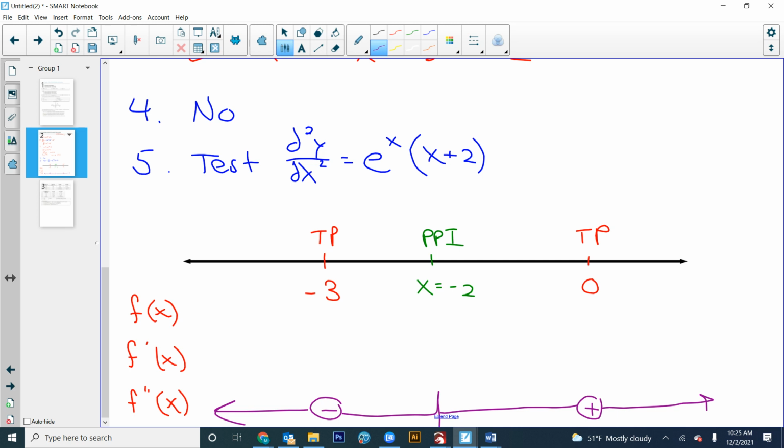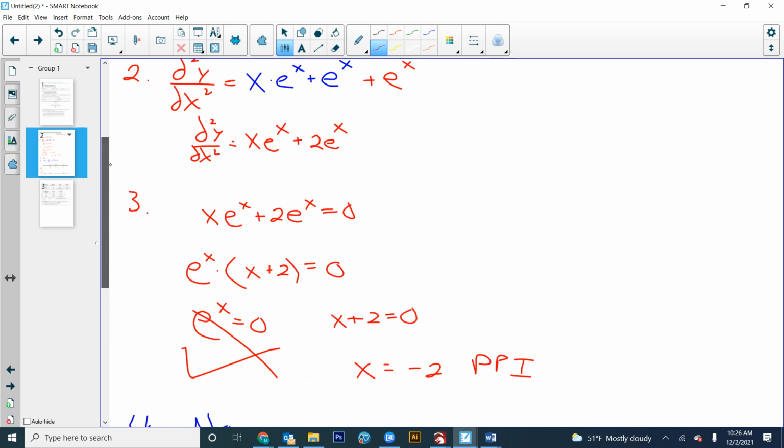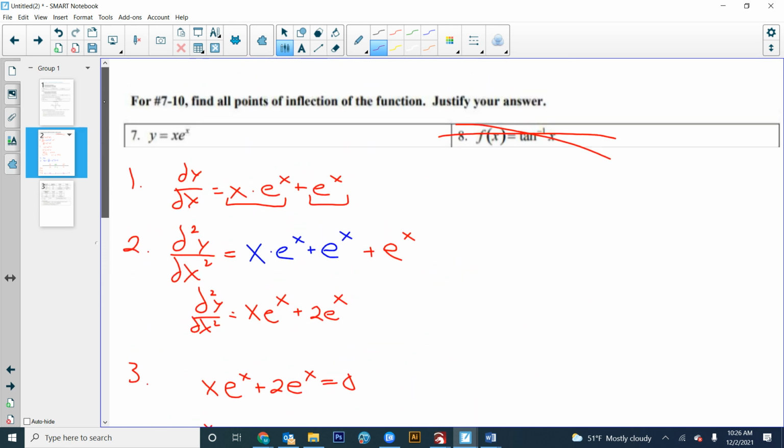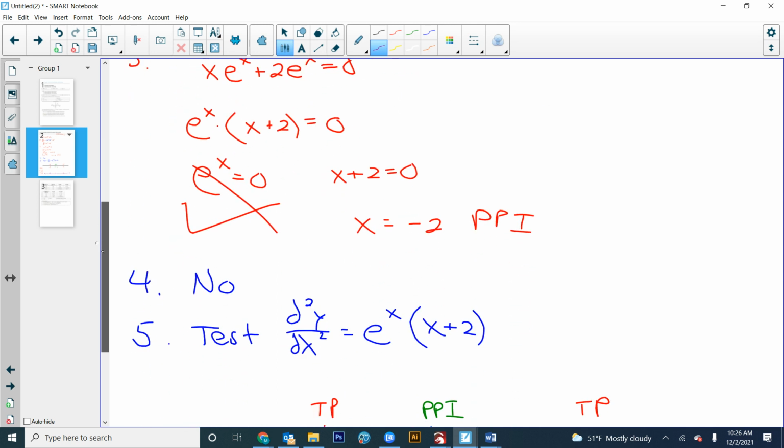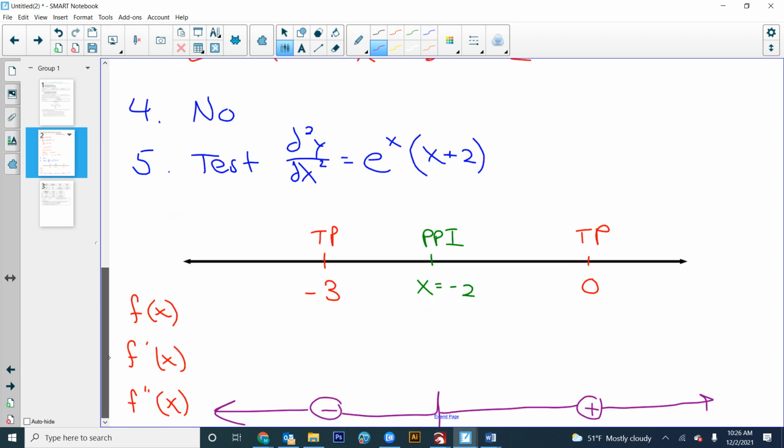Why can I stop at that point in the second derivative test? Am I asked where f of x is concave up or concave down? No. I was only asked to find all points of inflection. Did the second derivative change sign? Yes. Point of inflection.